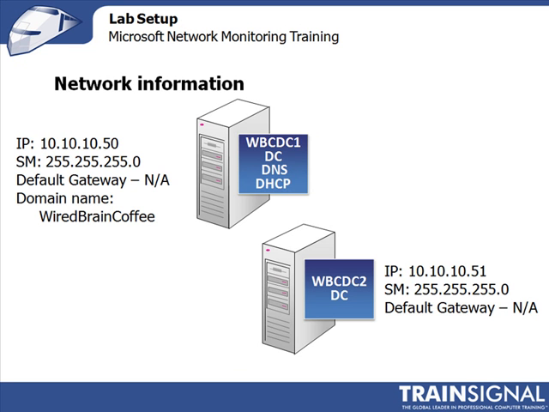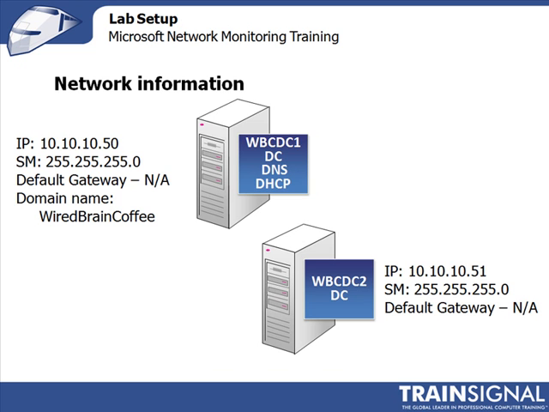Because our subnet mask takes 24 out of those 32 bits, that's the 255.255.255, that's showing me the first three numbers are going to address the network ID. So our network ID here is 10.10.10. And then the actual IP address or the host ID for WBC DC1 is 50.